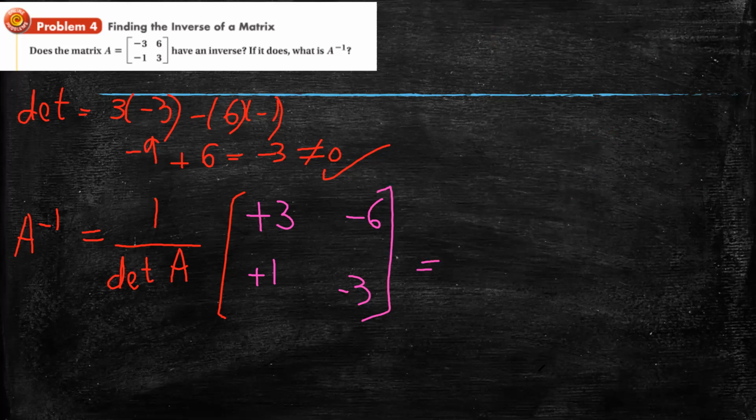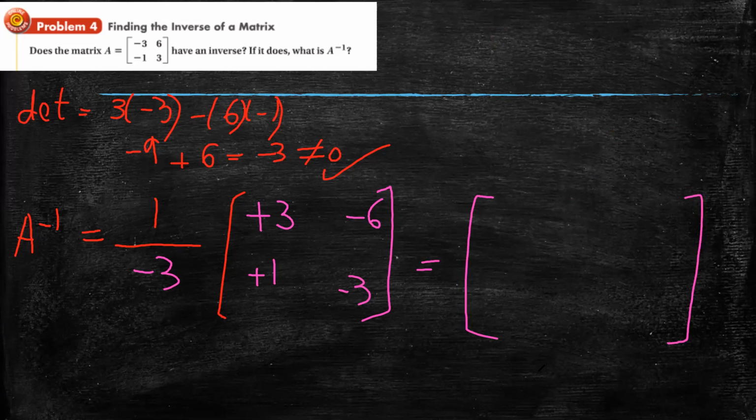Now the determinant, we found it before. It's negative 3. Let's write it here now. Then 1 over negative 3, or negative 1 over 3. Let's multiply it now by each element, like scalar multiplication.